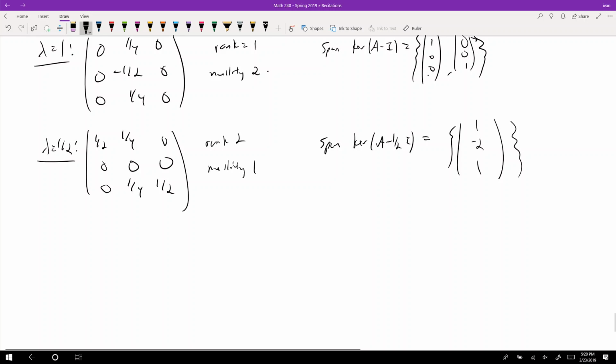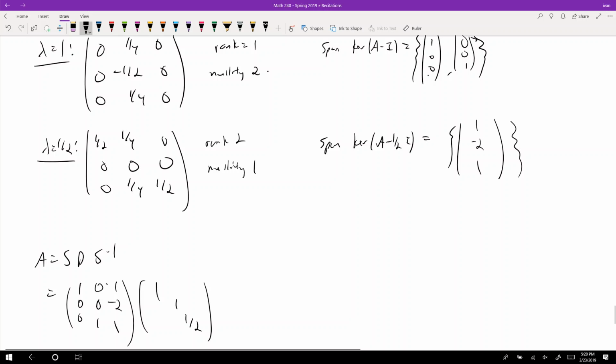So A is equal to S D S inverse. It doesn't matter how you do this, but let's make D be 1, 1, 1/2. So S has to be 1, 0, 0; 0, 0, 1, and then the eigenvector for 1/2, and then whatever this is inverted.